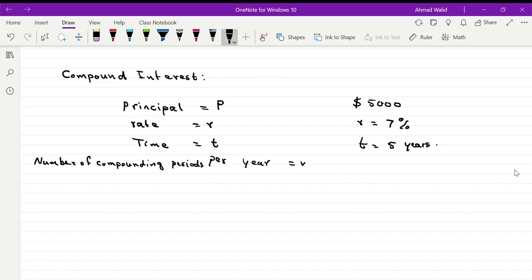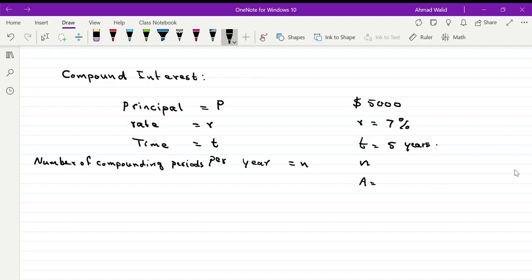N represents the money that you are receiving after 5 years, or after that time period that you invest your money. We call that compound interest, correct?